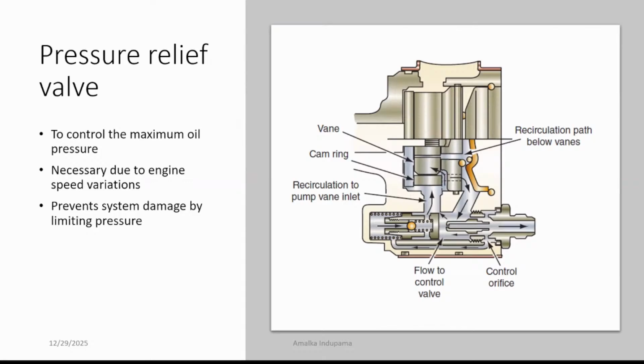Whenever the engine speed increases, the pressure inside the system will increase, since there is no clutch mechanism like in AC compressors; it rotates full time with the engine. Normally the engine rotates from 0 to, let's say, 5,000 RPM, and in between those RPM levels the power steering pump will also rotate at higher speeds. Whenever the engine rotates at higher speed, the pump also rotates faster, and the pressure inside the system increases.